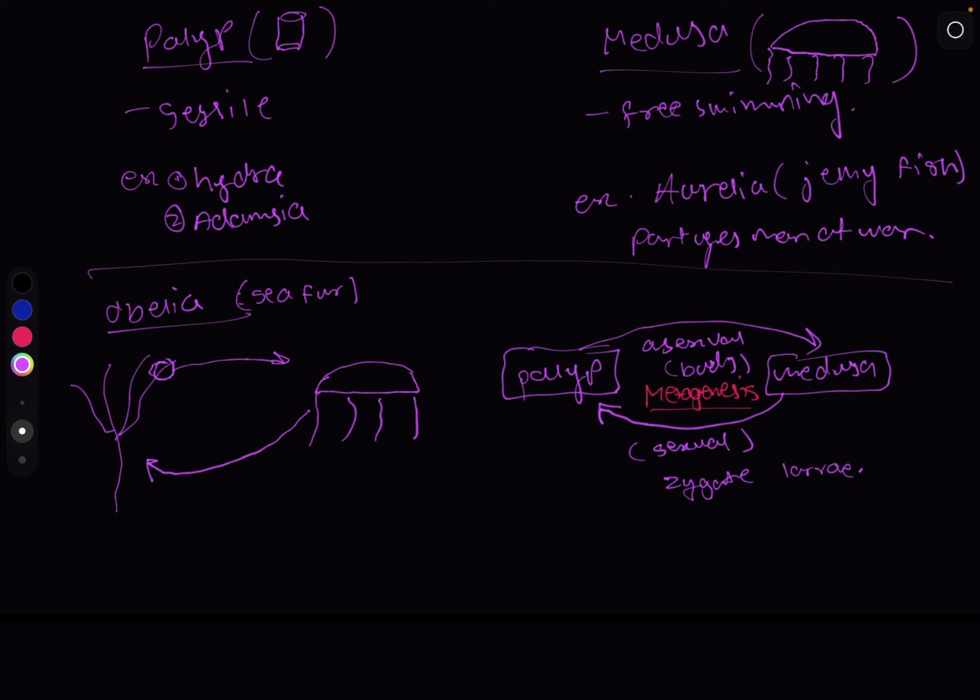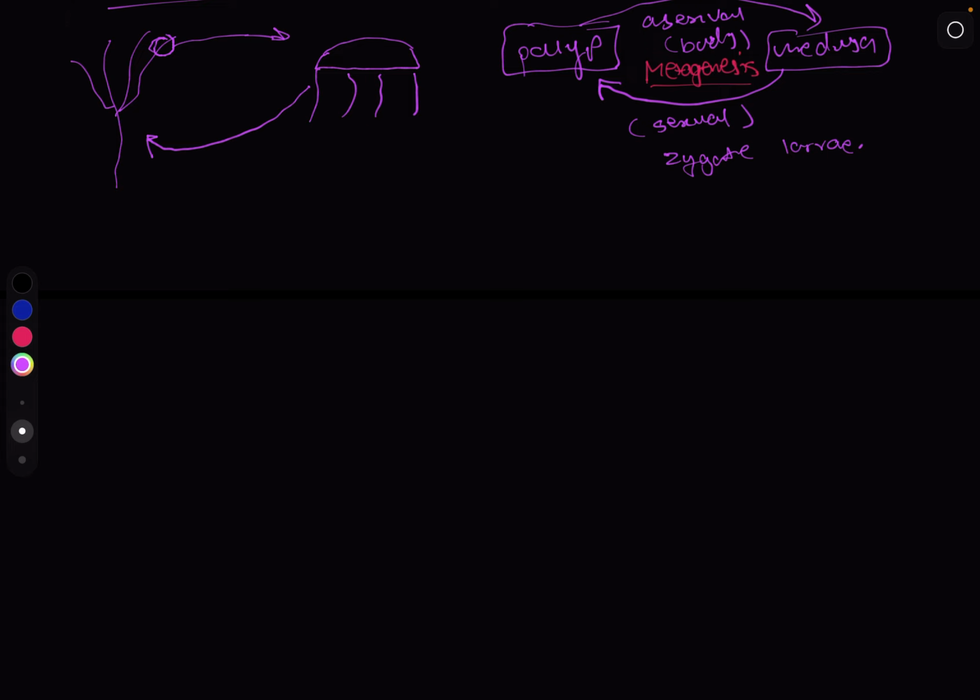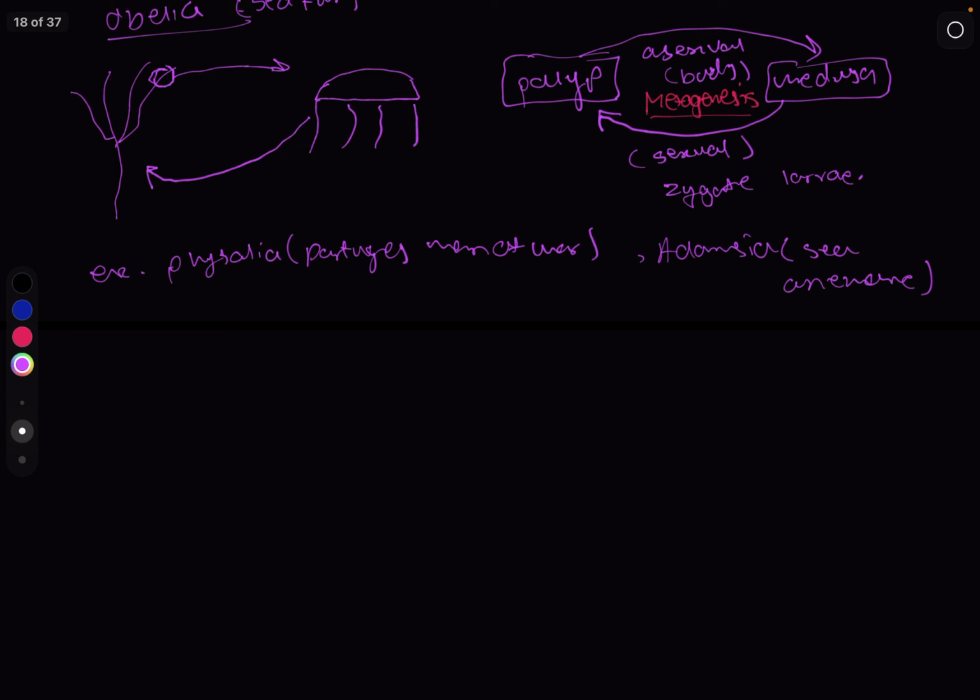Then we come to the final part, which is the examples of Cnidaria. First we have Physalia, Portuguese man of war. Then we have Adamsia, sea anemone. Then we have Gorgonia, sea fan.